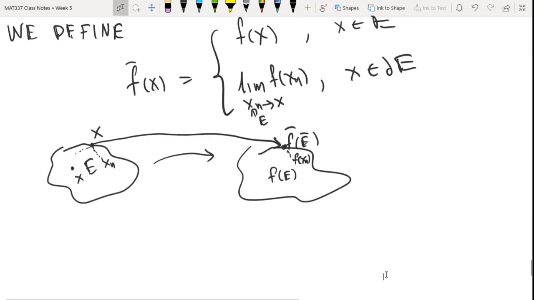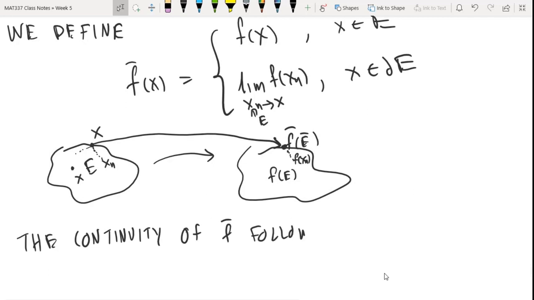So let me finish it, and then we'll take a break. The continuity of f bar follows by sequential continuity.